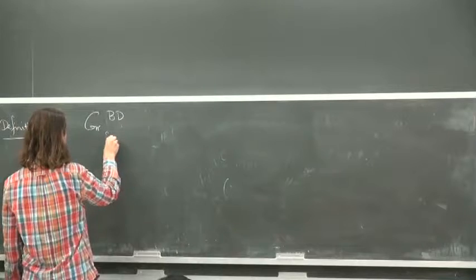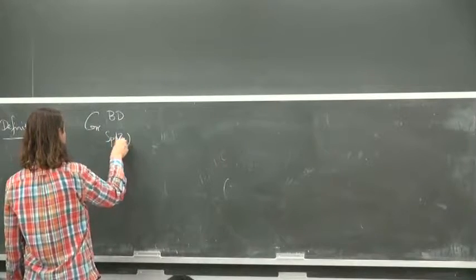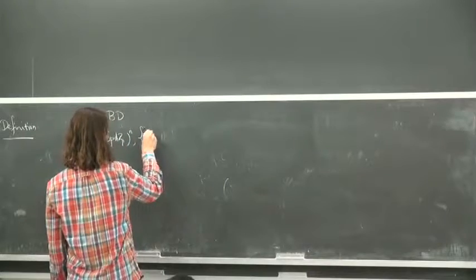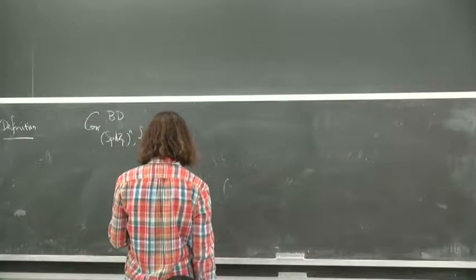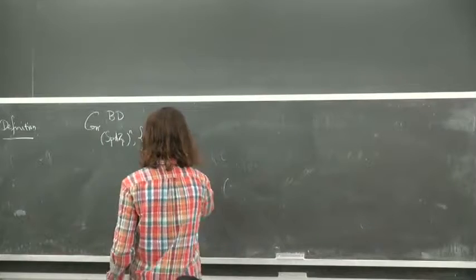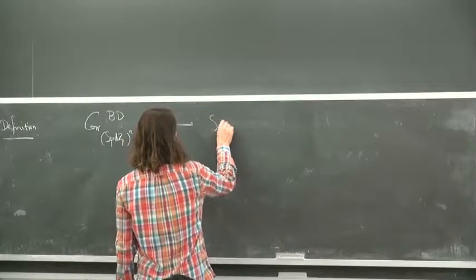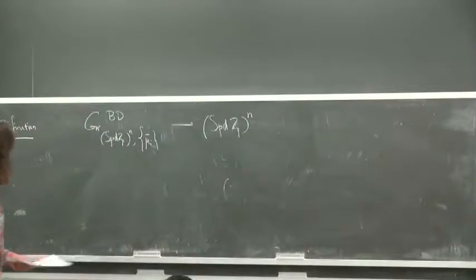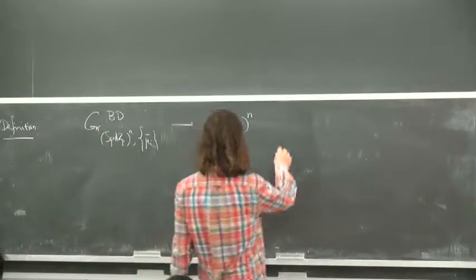And actually, it can be defined over n copies of ZP. And let me also put these boundedness things here. So it lives over n copies of Spd ZP to the n. So as a functor, it can be defined there.